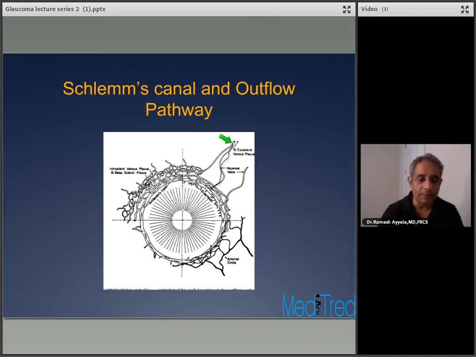So next time you examine anyone, pay particular attention on high magnification, looking out for these Ascher's aqueous veins, and you will see clear aqueous fluid going through them.